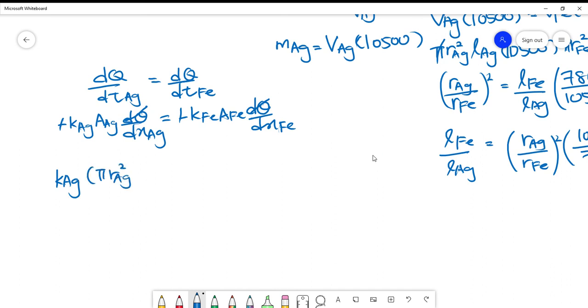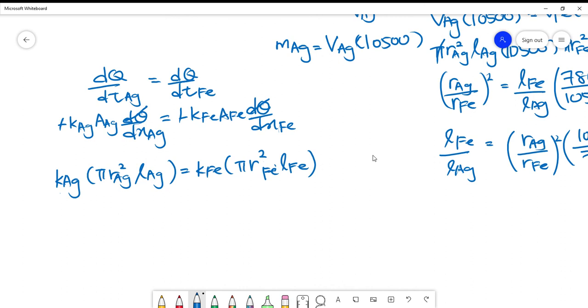The cross-sectional area for the iron is pi r square, and L is the length of the rod, of course. So this one is dx.